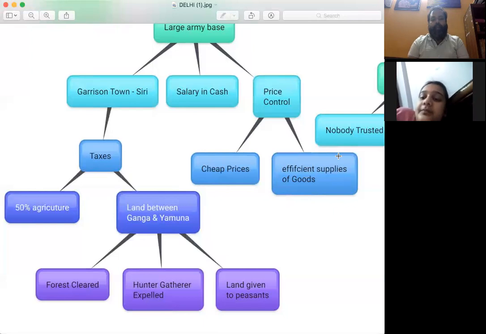If you give more land to them, they will produce more crops, and if they produce more crops, then you will get more taxes. So that was the system. That's why it was a common practice by many sultans to clear the forest land and create more land for growing crops so that they can have more taxes.